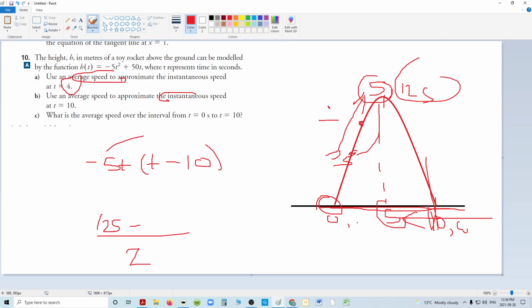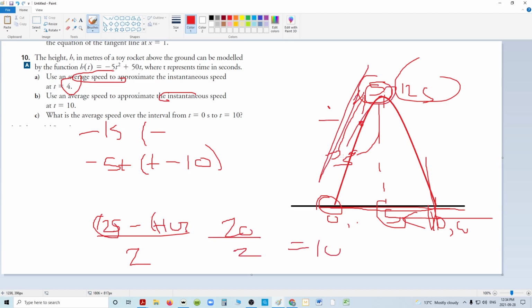When I put 3 into this formula, I get minus 15 times minus 7, which is plus 105. So I'm subtracting plus 105. 125 minus 105 is 20. 20 divided by 2 is 10. So I'm going to estimate, using those two average rate of change points, a dot to the right and a dot to the left, that it is going to be positive 10 meters per second.